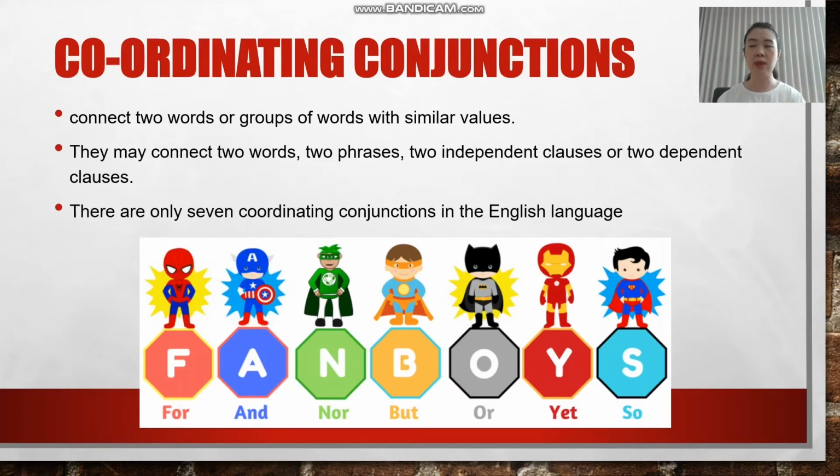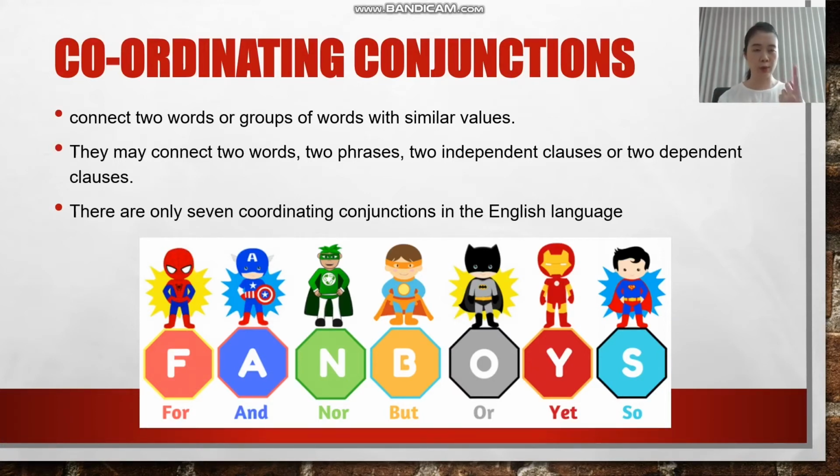We are using them in order to connect two words or groups of words with similar values. Okay, that should be the same level, right? They may connect two words, two phrases, two independent clauses, or two dependent clauses.